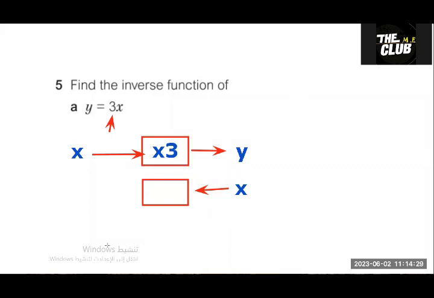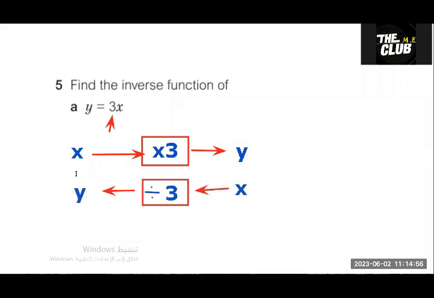Focus on the steps and focus on what you have so you can make the opposite of it. So divide 3. And then at the end, I'm going to end with an arrow like this, the same color, and then I write y.